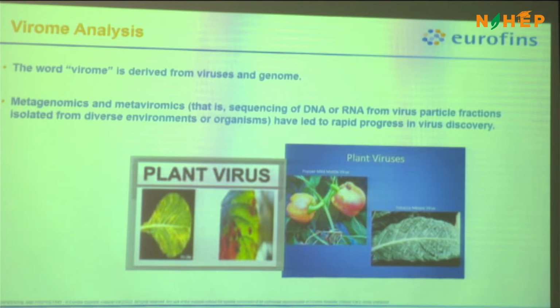So there are two sets of virome analysis: one is DNA based and one is RNA based. Again, there are also kits available for nucleic acid extraction, where DNA and RNA can be extracted together, and then we go ahead with sequencing both DNA and RNA together.